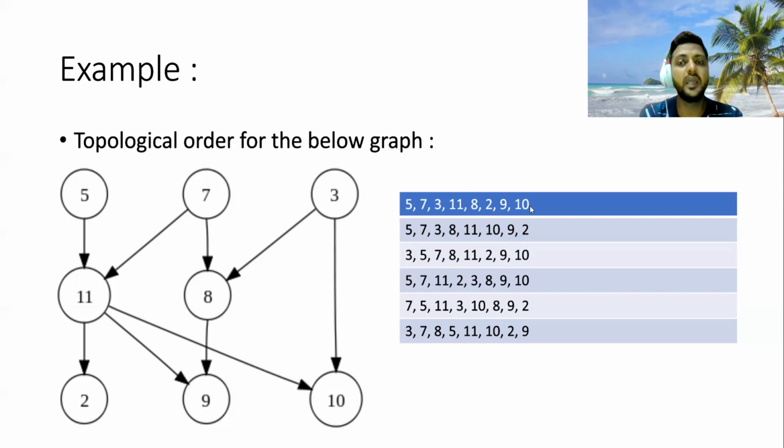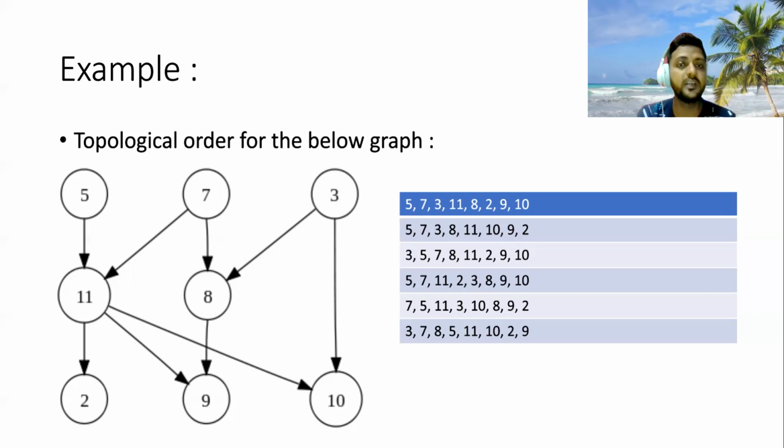So why are we having different topological orders? Because for one graph, we should have at least one topological order if the graph is a directed acyclic graph. We can have multiple topological orders, depending on how you traverse the graph. You can traverse the graph level by level, or top to bottom. It all depends on you.